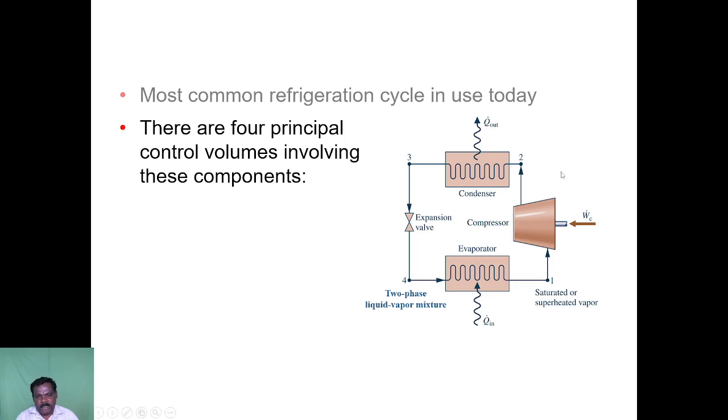So this is the condenser. Then we have a compressor. This is the evaporator, and we have an expansion device. All these four main components are incorporated in your household refrigerator.